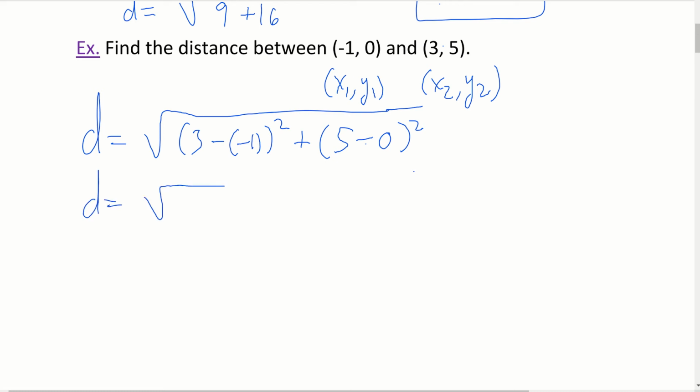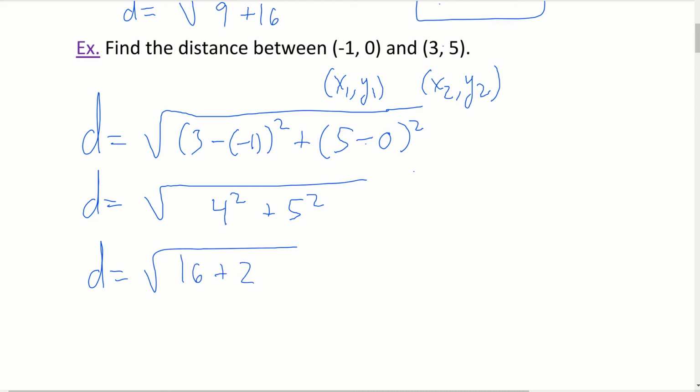Let's work this out, order of operations. 3 minus a negative 1 is the same thing as 3 plus 1, so that's going to be 4 squared. Plus over here we have 5 minus 0 is 5, so that's going to be 5 squared. We get that the distance is equal to the square root of 16 plus 25, and then 16 plus 25 is going to be 41.